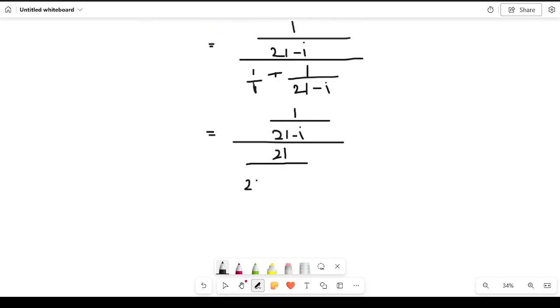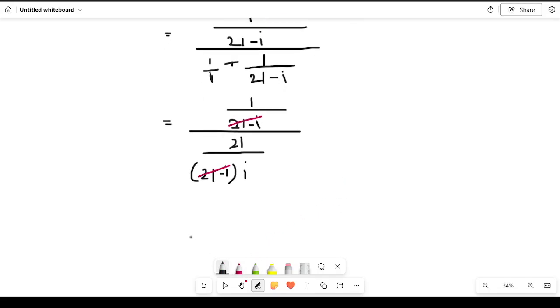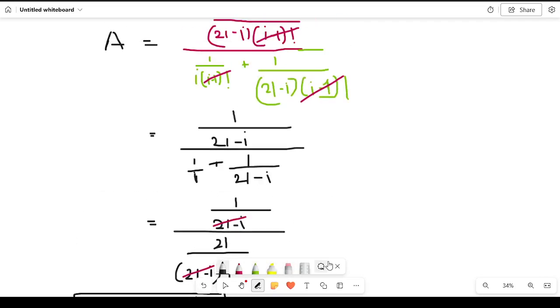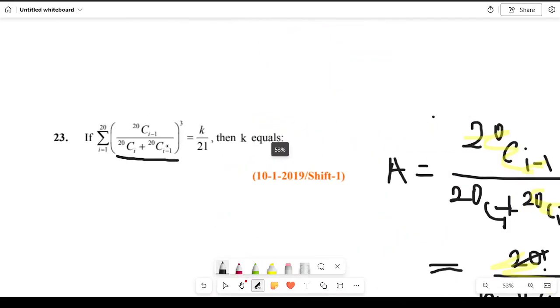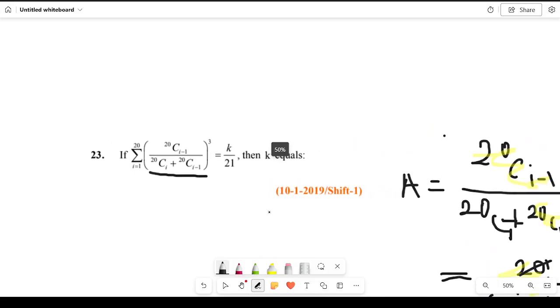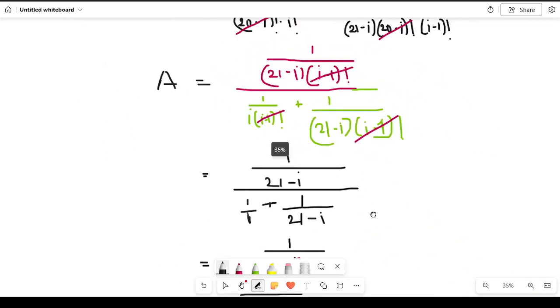Now this 21 minus i cancels out, hence I get the value i upon 21, which is equal to A. So we simplified the entire thing, and I took this as A and got i upon 21.